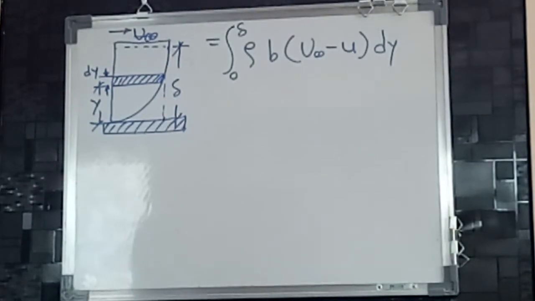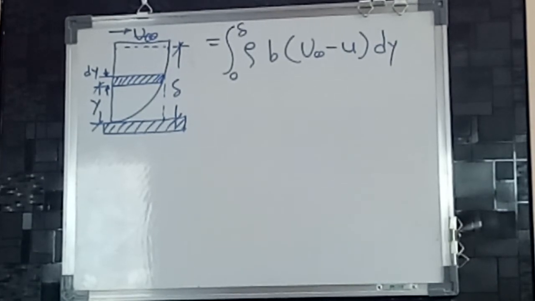Now let the plate be displaced by a distance. What distance? Del star, and the velocity of flow beyond del star is the free stream velocity, that is u.